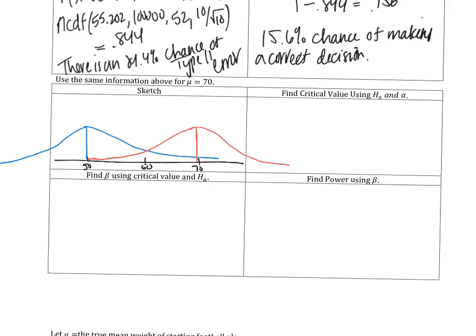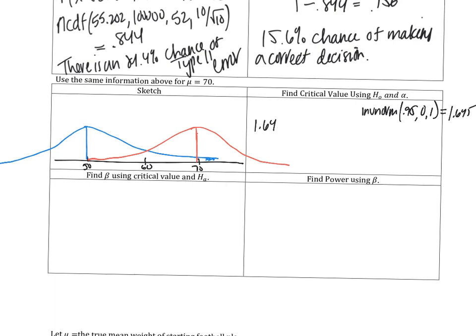And I know alpha is somewhere in this upper tail. So let's see where it's located. I know that the alpha value is 10%, or it's actually 5%, sorry, 0.05. So inverse norm again, 0.95, 0 and 1, and I get 1.645.